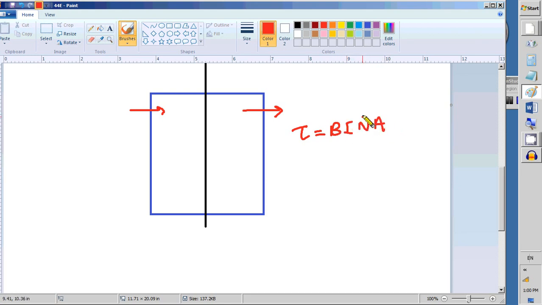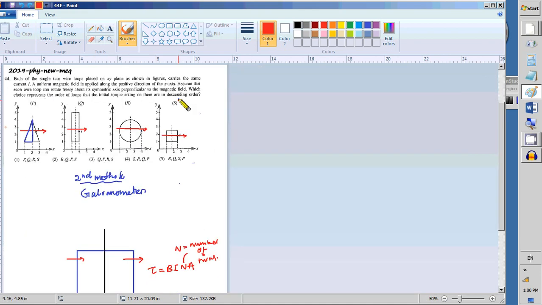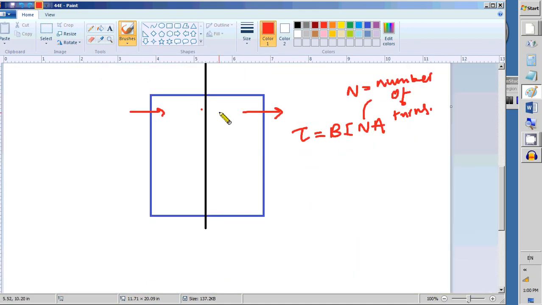In that galvanometer lesson we learned N equals the number of turns. So here in this question there is a single turn. So then N equals 1. Then tau equals BIA.